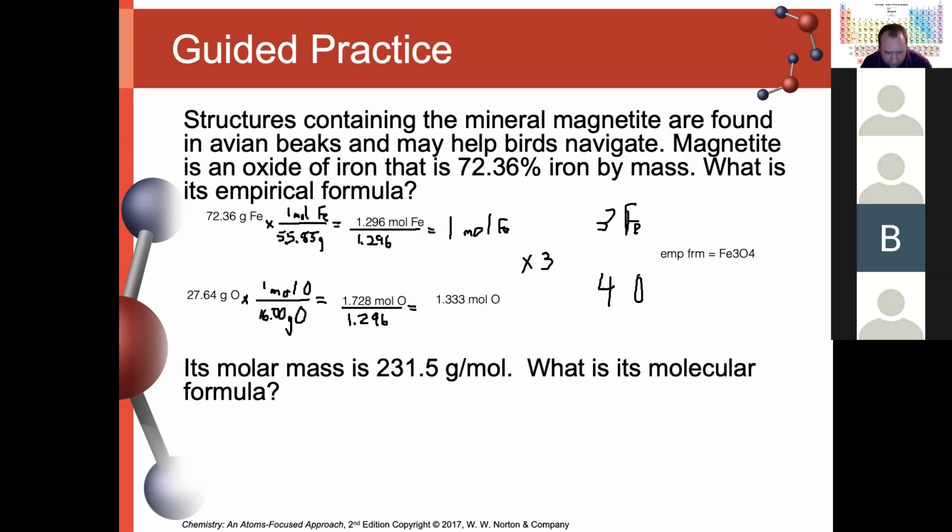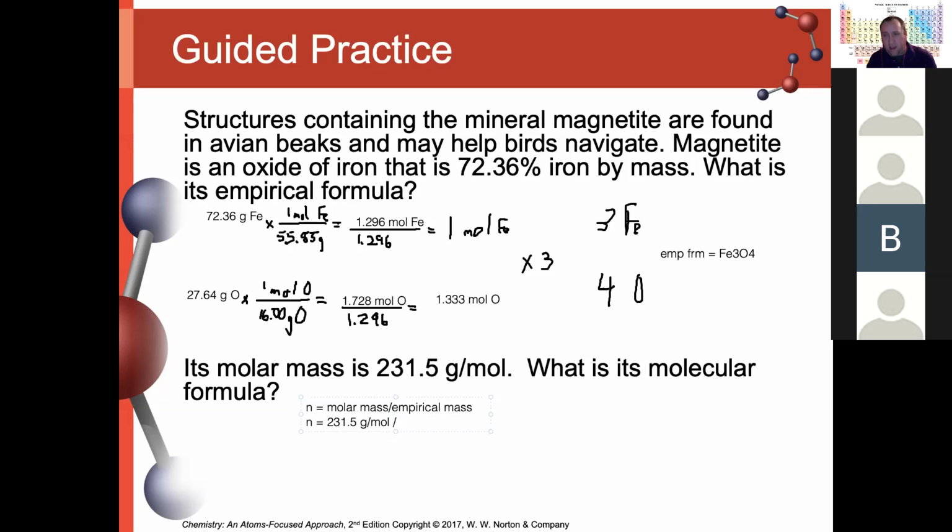Well, to find that, again, we need to be in search of N. N is calculated by taking the molar mass and dividing it by the empirical mass. So we had the molar mass, 231.5 grams per mole, and we're going to divide that by the empirical mass.